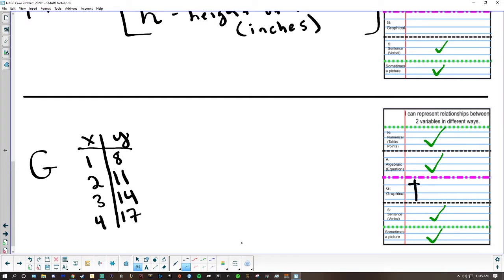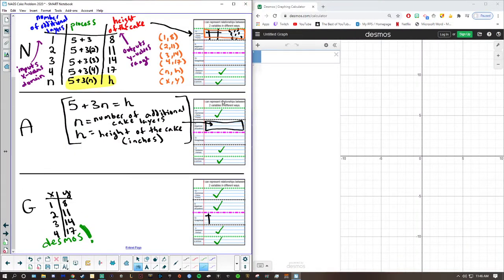Okay, once I have my table, that means it's time to go put it in Desmos. Put my table in Desmos, and that's going to help us draw our graph. So I'm going to split my screen, and go over to Desmos, and put in my table so I can make a nice graph.